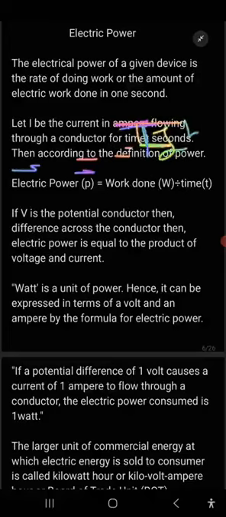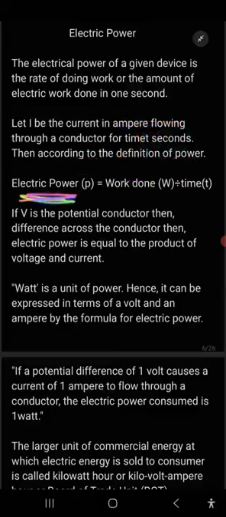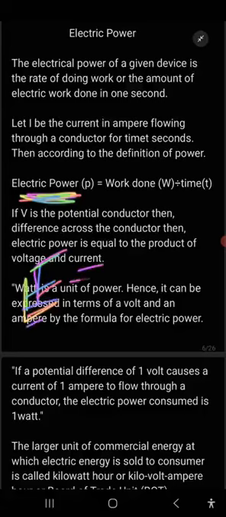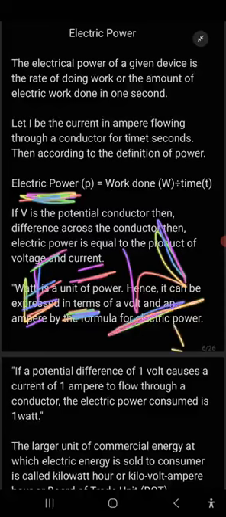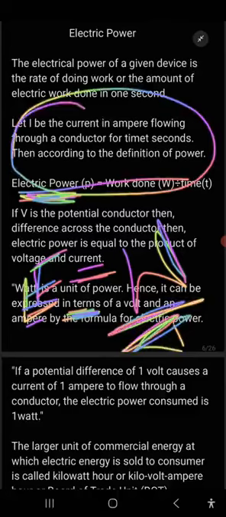Then, according to the definition of power, electric power P is equal to work by time. They just explain what it is or how to do this.